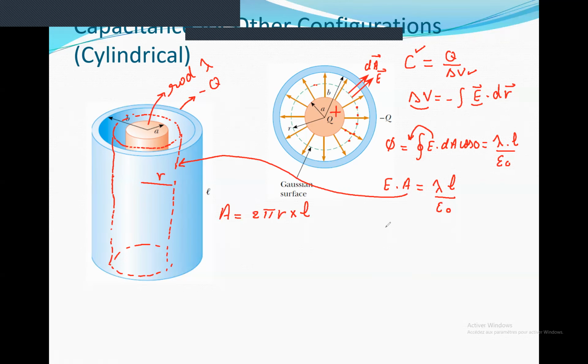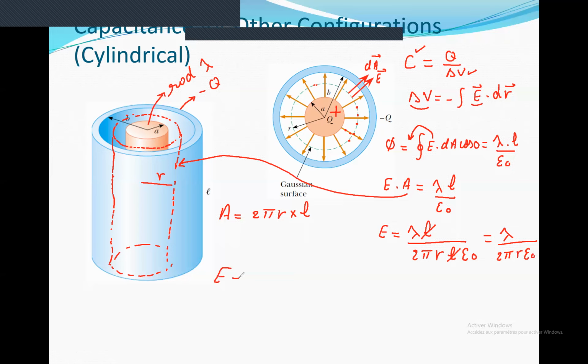Okay, so E equals lambda L divided by 2 pi R L epsilon 0. We can eliminate L and L. We get finally lambda divided by 2 pi R epsilon 0.